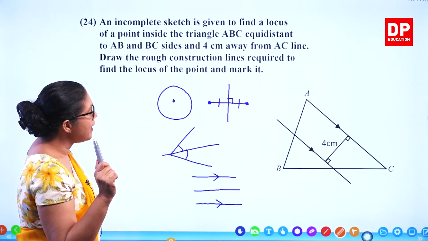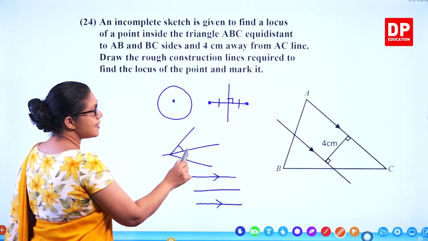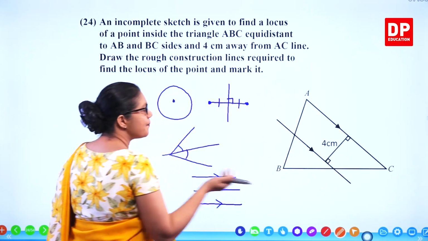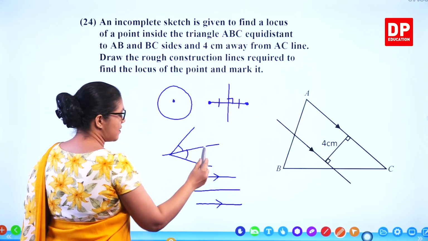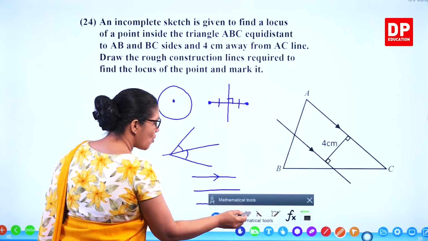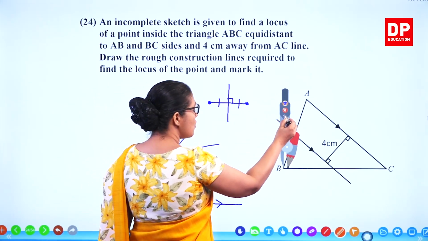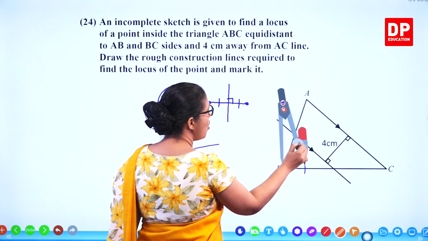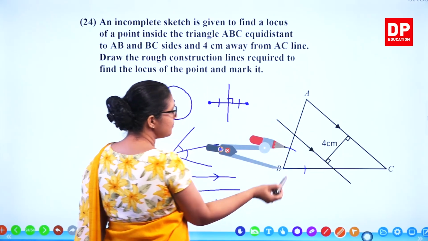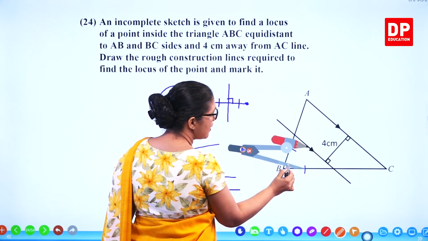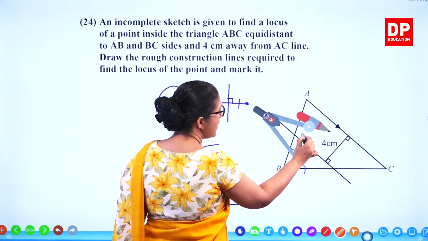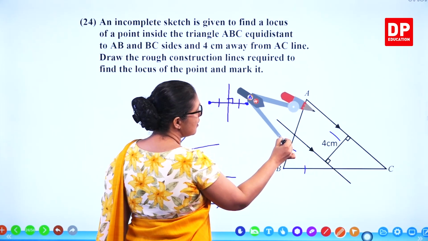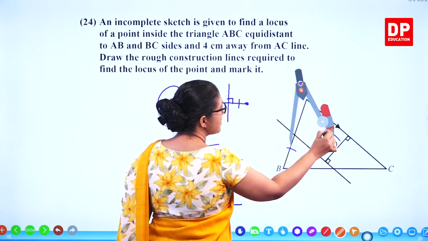So which one now do you need to apply? The angle bisector, because it says equidistant from the AB line and the BC line. Two lines given and equidistance, so that's the angle bisector. How do you draw it? You take the B point, take any distance and draw 2 arcs on the lines, then take the compass with the same or a different distance and draw 2 arcs to find the intersecting point.